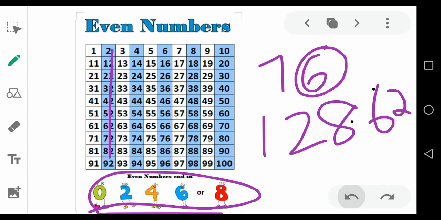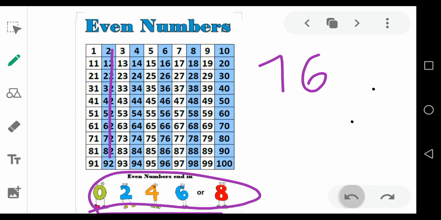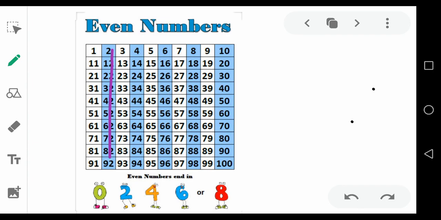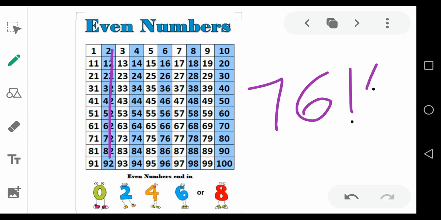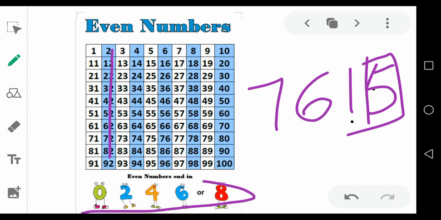Now I am taking another number, 7615. Check whether it's an even number or not. How will you check it? Just check the last number. It is ending in 5. Not a multiple of 2, right? So it is not ending in these numbers. These all are multiples of 2 only.